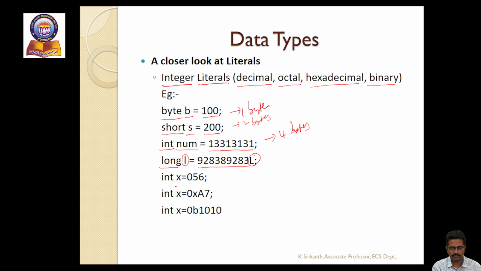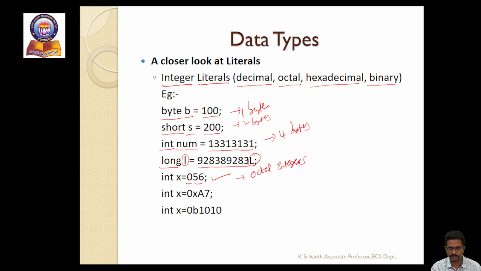Now you should be very careful with this example where the value starts with 0. Whenever an integer starts with 0, we call it an octal integer, right? So this value is an octal integer value because the number starts with 0. Whenever a number starts with 0, we call it an octal integer in the Java language.